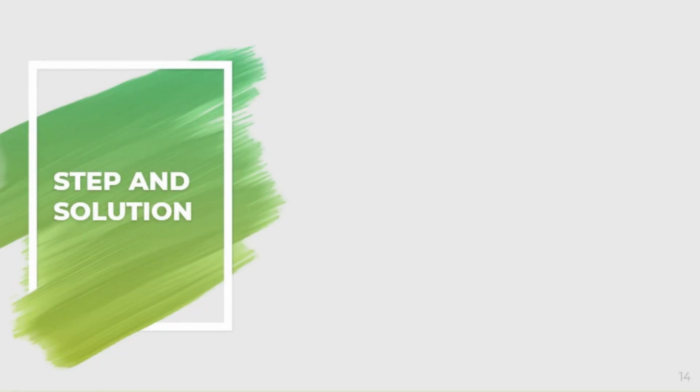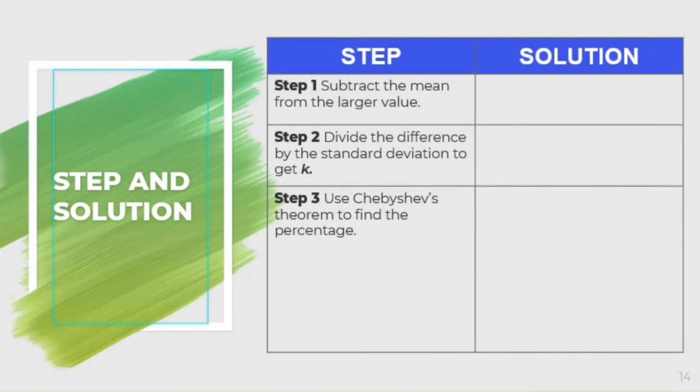These are the steps and solutions. Step 1. Subtract the mean from the larger value, which is $0.30 minus $0.25 is equal to $0.05. Step 2. Divide the difference by the standard deviation to get K. K is equal to 0.05 over 0.02 is equal to 2.5.